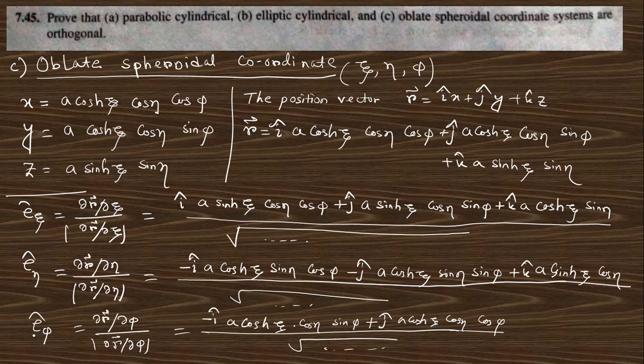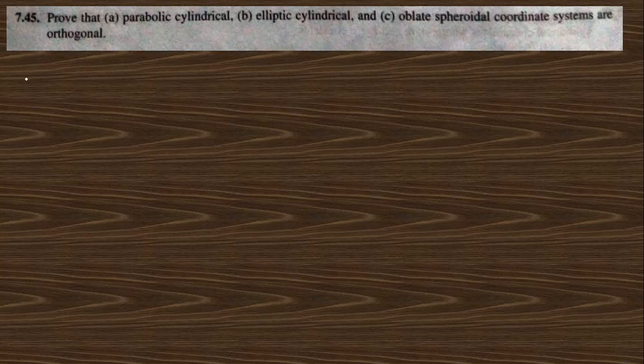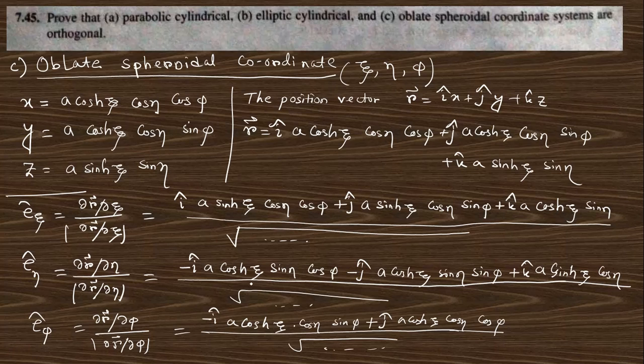And now you need to dot them with each other. So E xi unit vector, E eta unit vector. If you dot these two, I do not want to write the lower side.